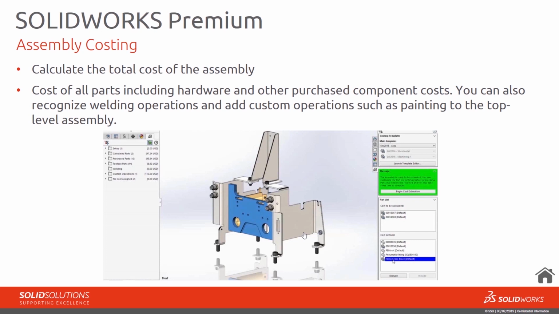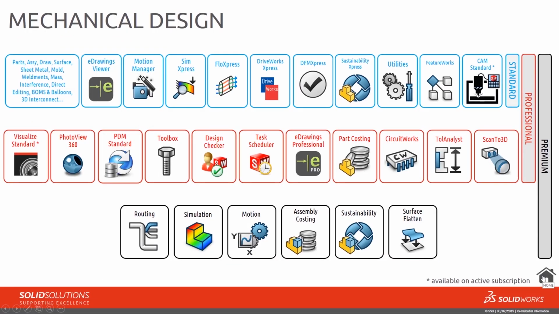So if we've got nuts and bolts and widgets and washers from our SOLIDWORKS toolbox perhaps, then we're able to include those costs in there as well. We're also able to add custom operations as well, so painting, anodizing, assembly, that kind of stuff as well. So it's a really great tool for being able to remove the kind of finger in the air quotation. We can get something that's actually based on hard and fast numbers. So again, a really great tool sitting down there in SOLIDWORKS Premium.